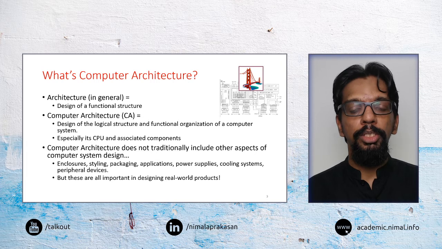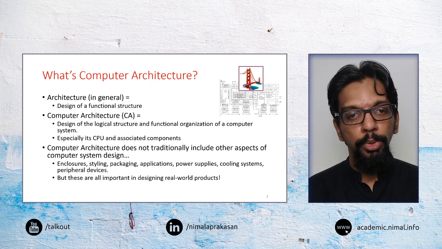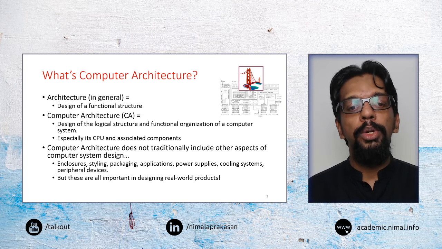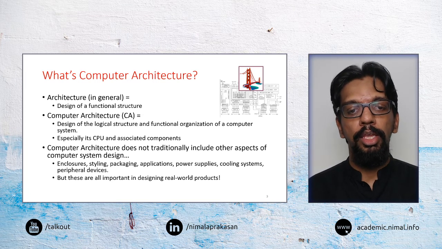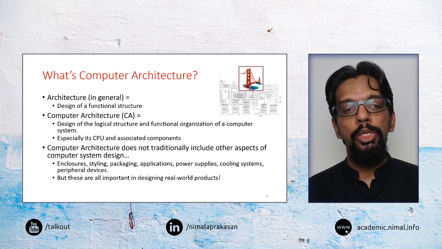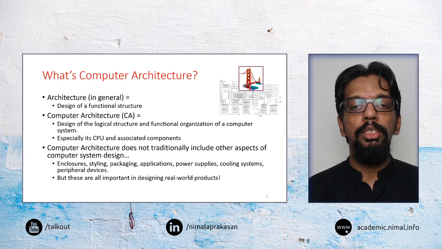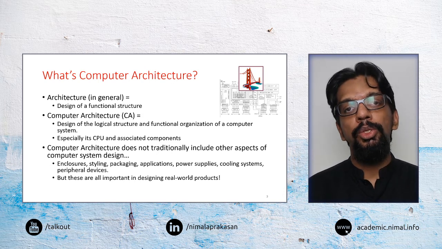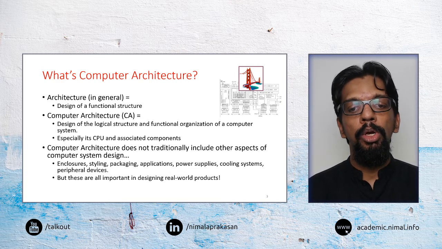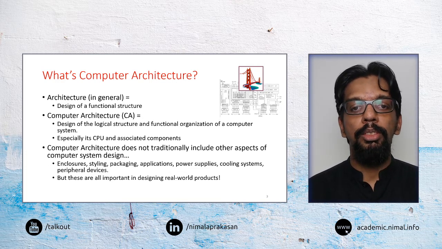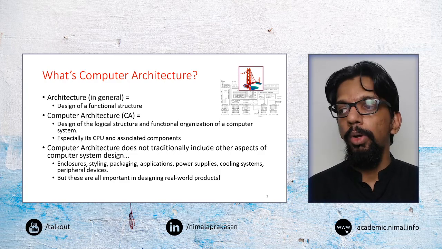This includes the logical structures or how the computer is going to do its computational tasks, how it is going to do the calculations and various operations, and also how the various components are going to be organized. So, this would be how the CPU and various other associated components are going to be organized.